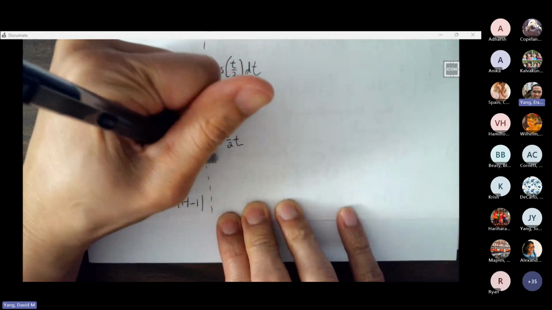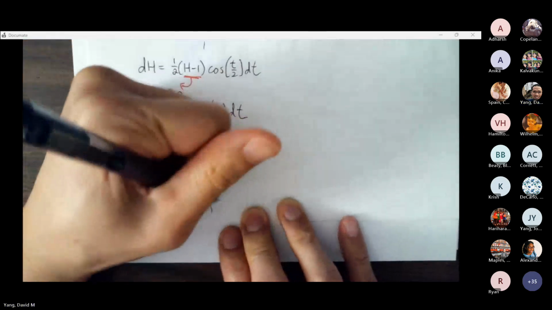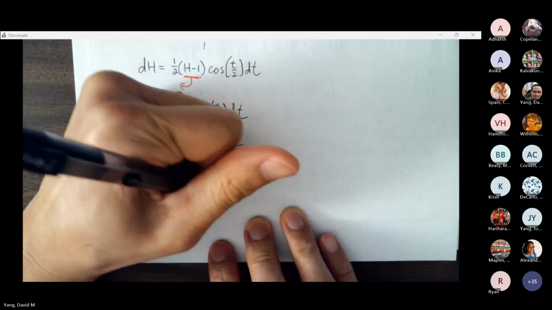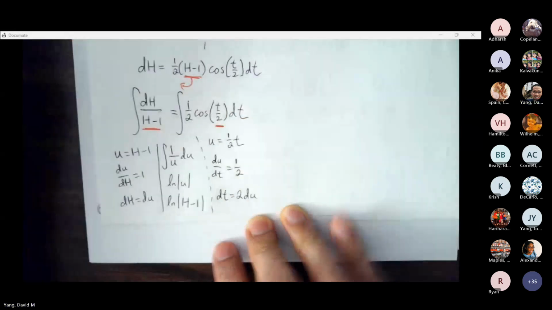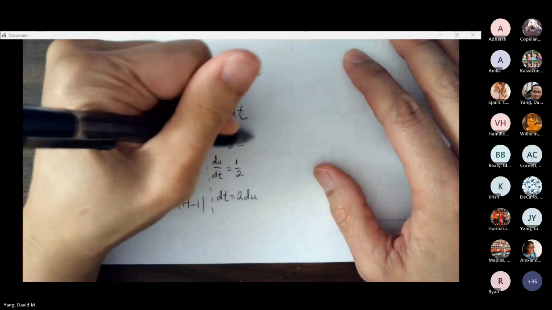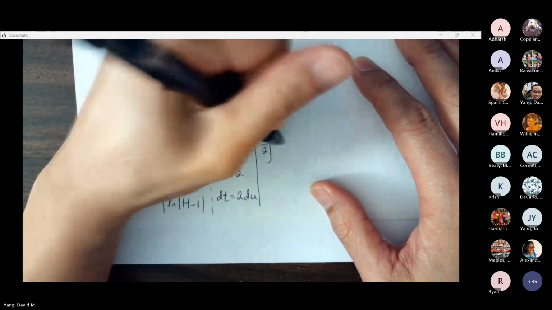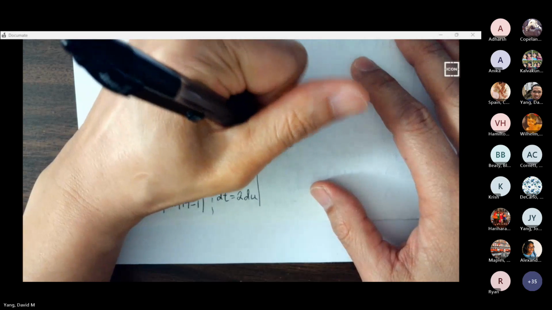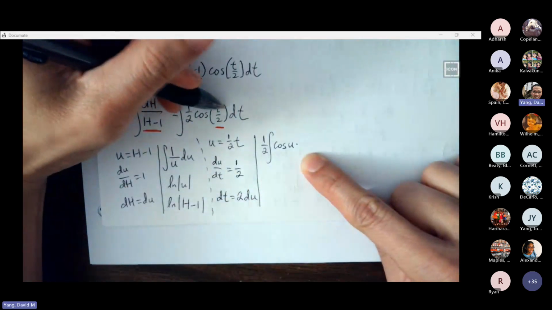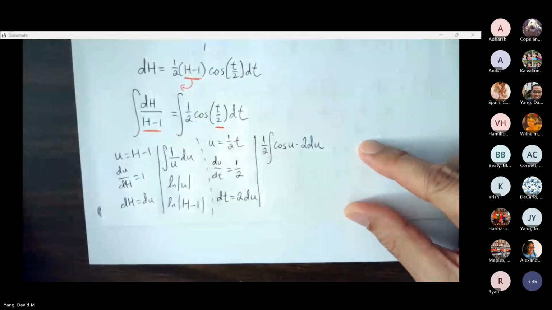Okay, derivative du over dt is equal to 1/2. Solve for dt. I'm replacing dt with 2 du.